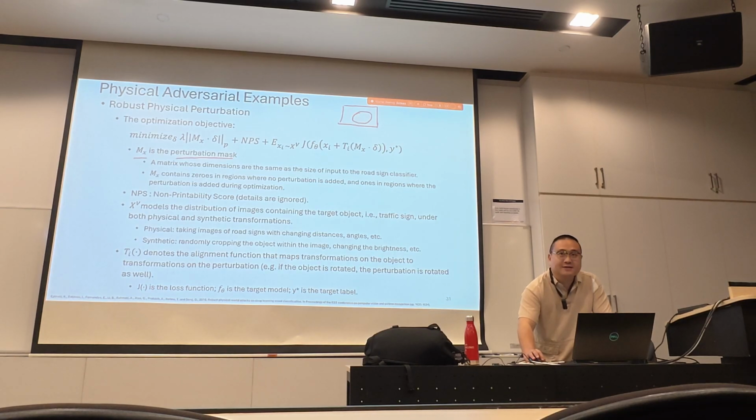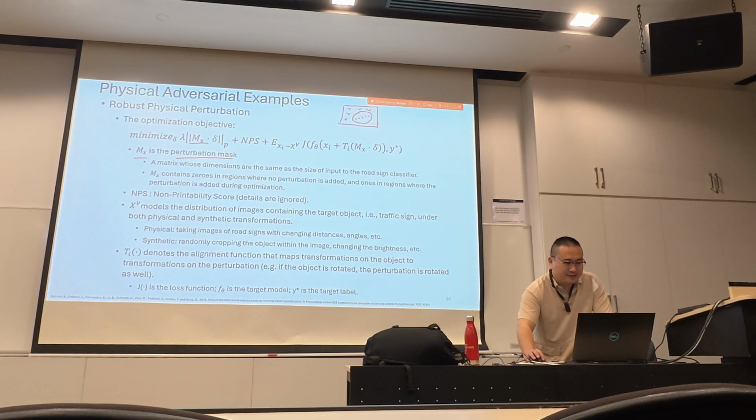So for physical attacks, we can only attack the surface of the road sign. We cannot modify the background of the road sign. Because at the end, when we print out the attack, we need to put the attack on the surface of the road sign. So therefore, how can we define the area that we can modify? And this is defined by the mask M_x.